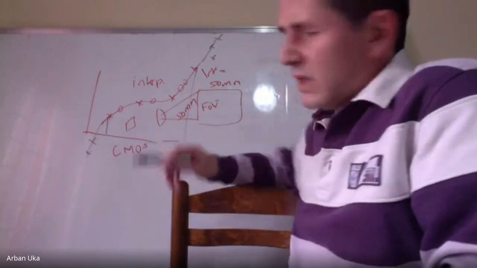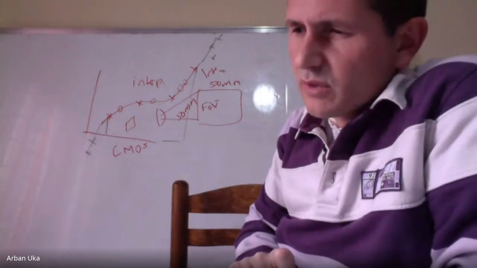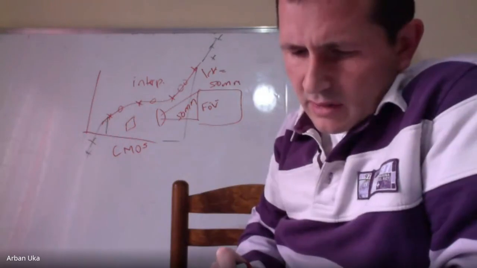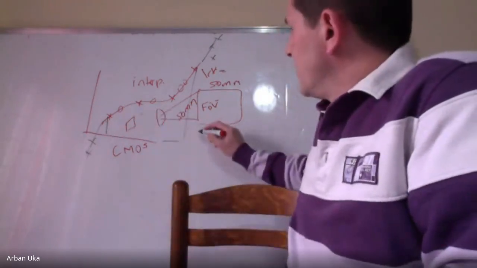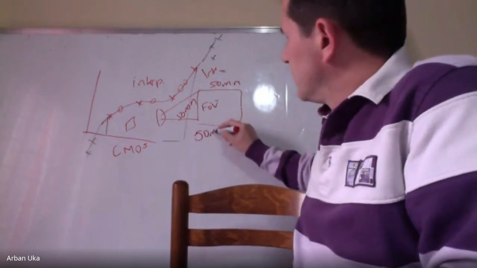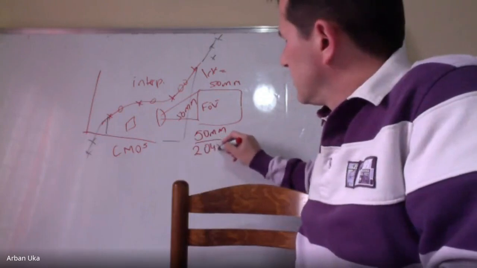The camera can have a resolution of 2048 by 2048, which is something like 2 to the power 11. This means we may expect a certain spatial resolution. We have around 50 millimeter, and we can divide this by 2048.